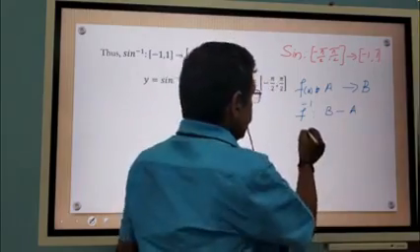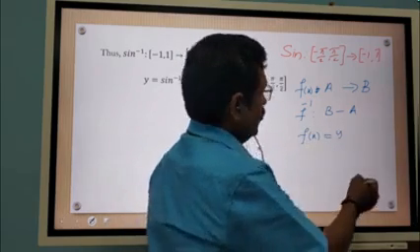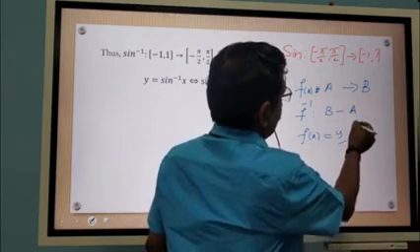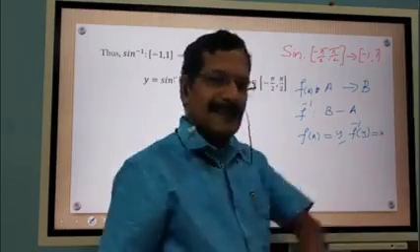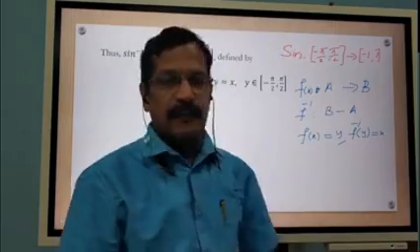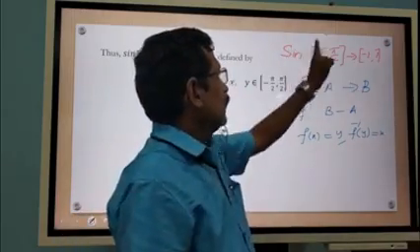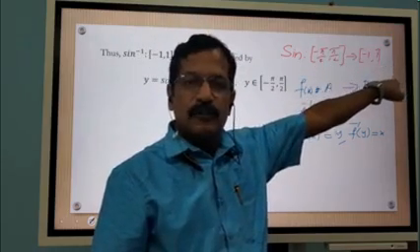And if f of x is equal to y, we write f inverse of y is equal to x. The same thing holds for the sine function here. So sine is from minus pi by 2 to plus pi by 2, to the closed interval minus 1 to plus 1.